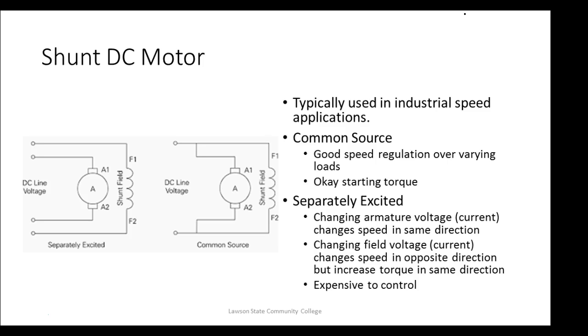With a shunt motor, we can control both of them. The more current I put in the shunt field, the more starting torque and run torque the motor will have. So with these separately excited fields, we can control not only the speed, we can also control the torque.